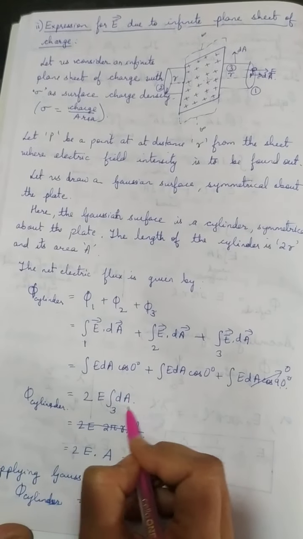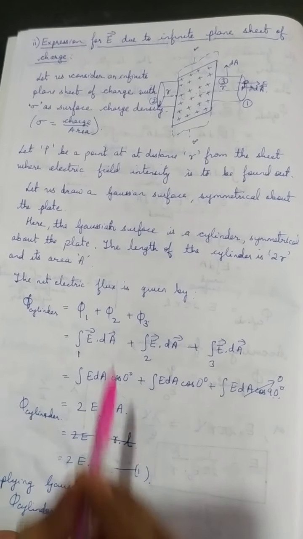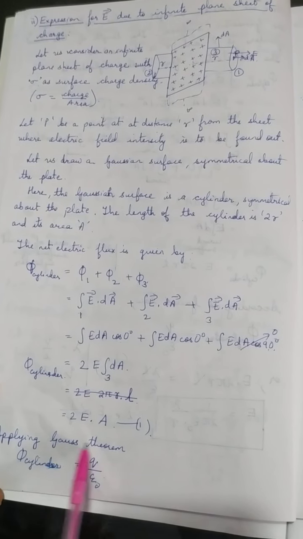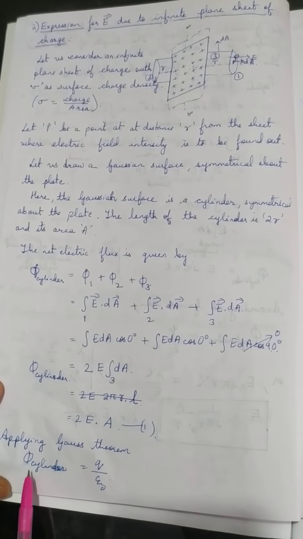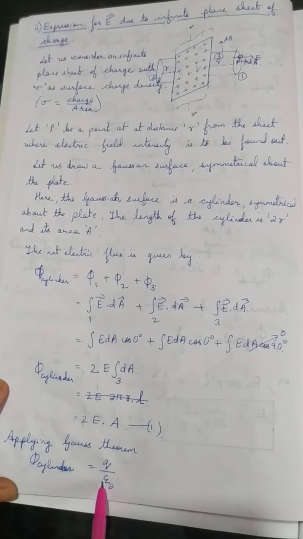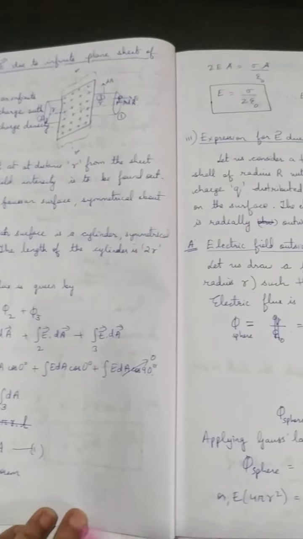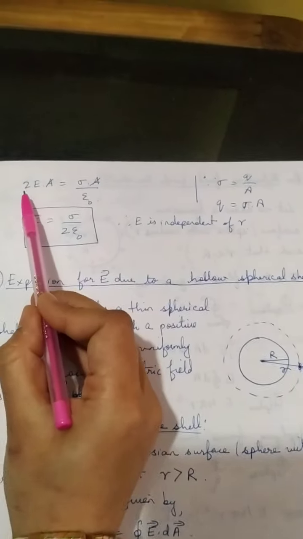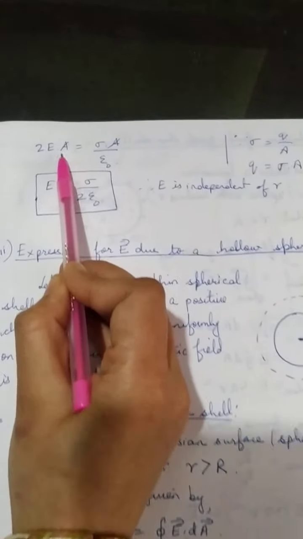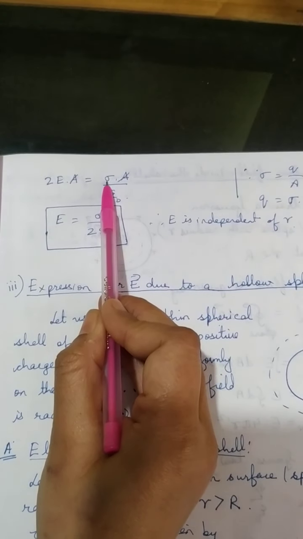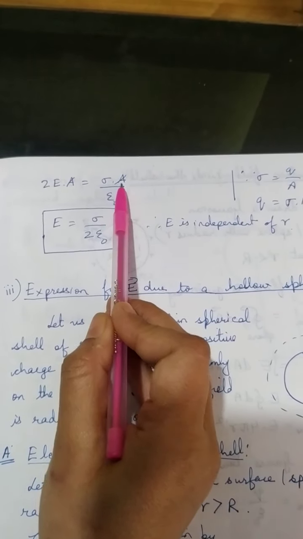Now, what is this dA? It is the total area of this curved surface that we are taking. Now, let's apply Gauss theorem here. This is phi. You know phi according to Gauss theorem will be 1 by epsilon naught times Q. Okay. Now, our phi is 2E into A is equal to, now what is sigma into A?